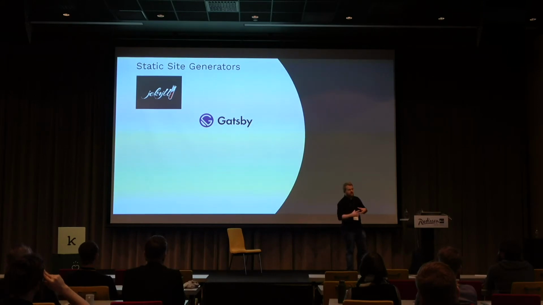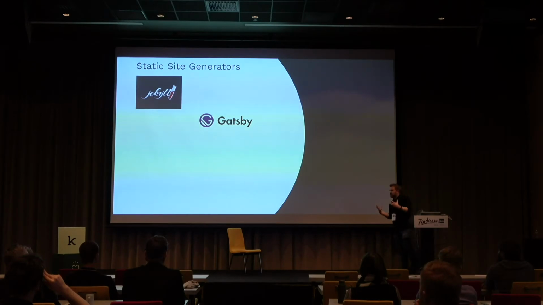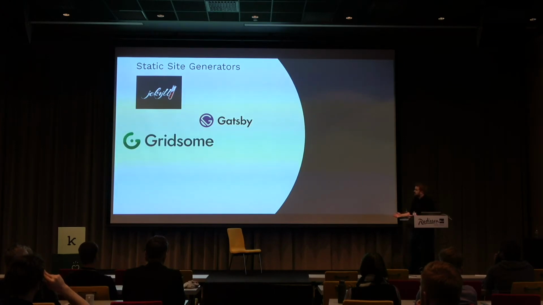So now you suddenly unlock the full power of React in your static site really easily, and can serve a really fast static website with all the features that React provides, which is really cool. Also, Gridsome came along. That's what I've used. That's exactly the same as Gatsby, but for Vue, if you like Vue better than React.